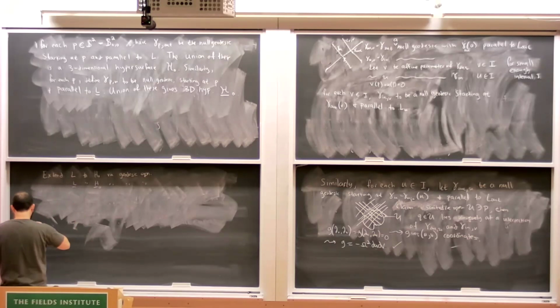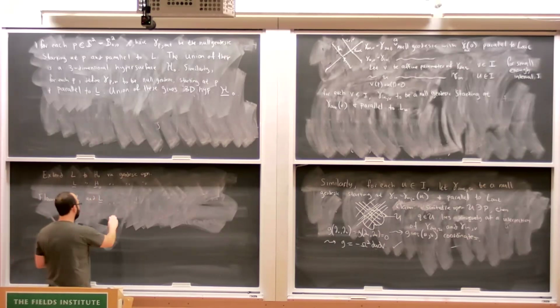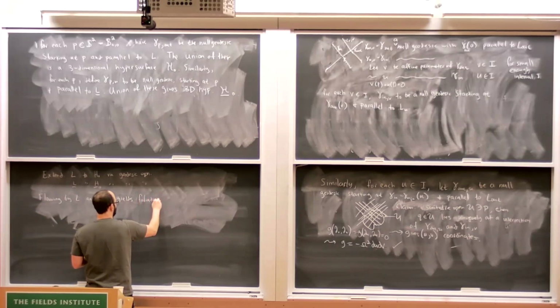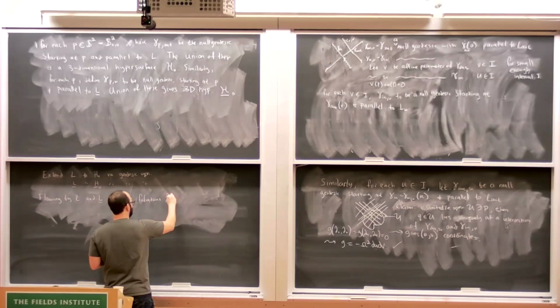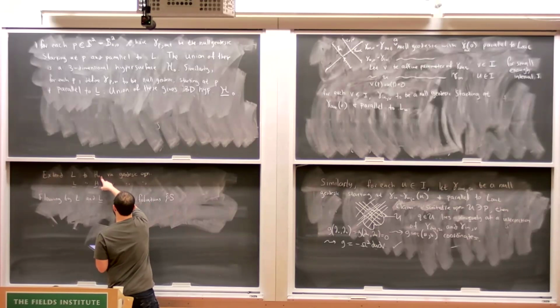So flowing by L and L bar, i.e. following the geodesics, yields foliations. We'll call it S. So this one is, say, u equals 0.